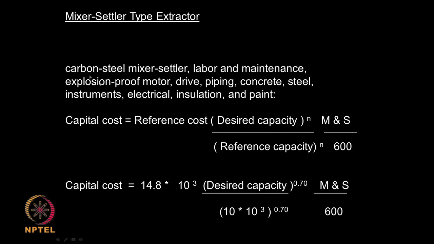Okay. If you take mixer and settler type of extractor, we have some relationship for capital cost. Okay. So, it is 14.8 times 10 power 3, whatever capacity you want, put in the M and S factor, and then this is the reference capacity, okay, and you are raising it by 0.7. Here the exponent is 0.7, okay, that is for the mixer settler type.